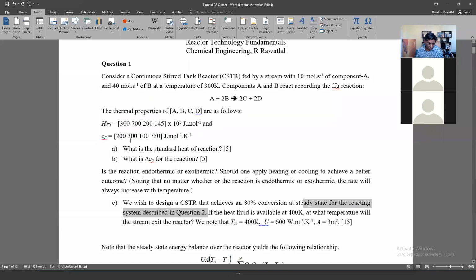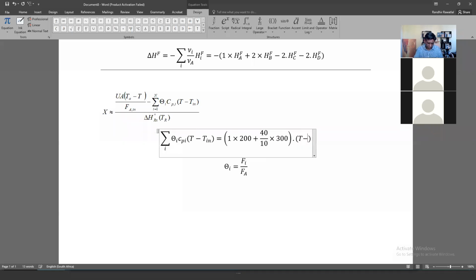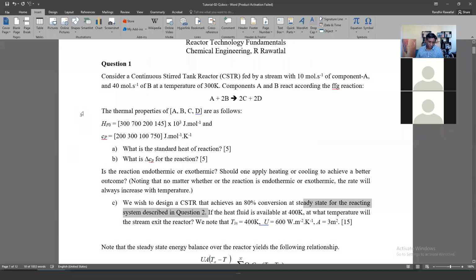And CPB is 300. So times 300. Okay, so that times T minus T in. So the T in here is, what was it, 300, right?